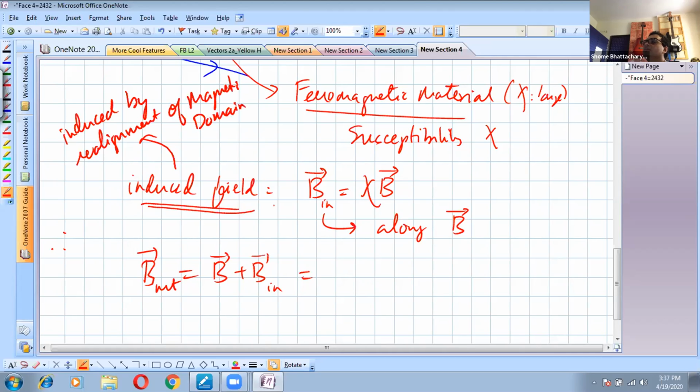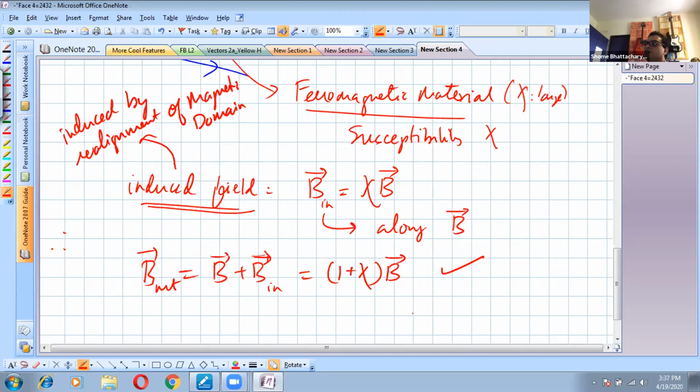There's only one case in which the induced field actually opposes the external field. In that case, we say chi is a negative quantity, and that is in the case of diamagnetic material. But this is ferromagnetic, like soft iron. So this will become 1 plus chi times the external field.